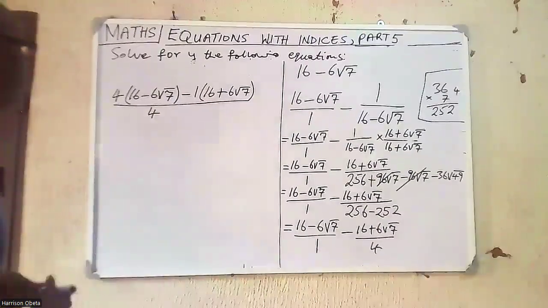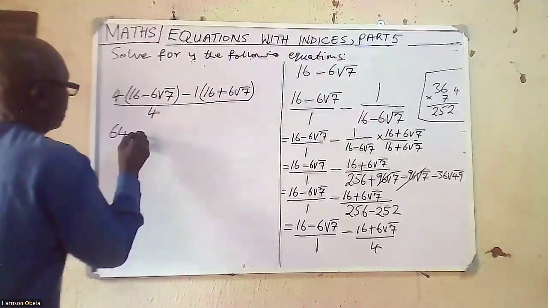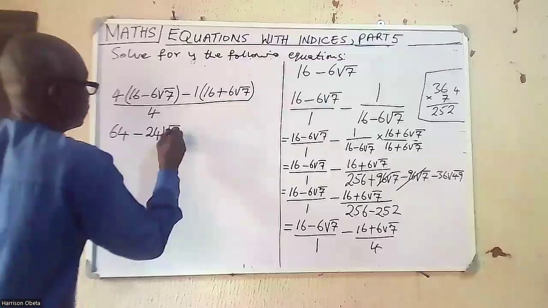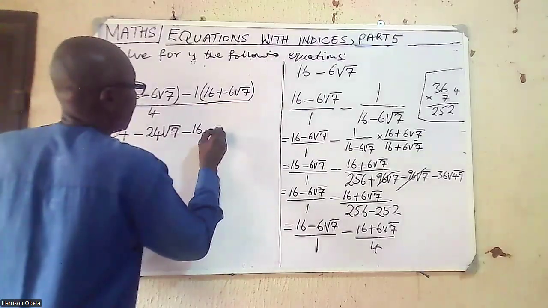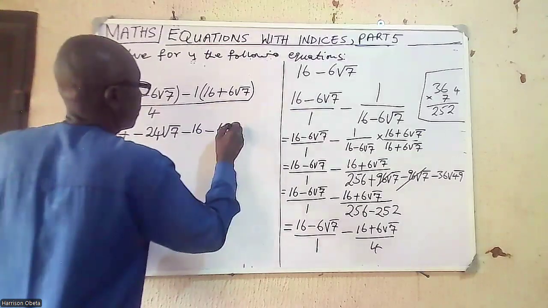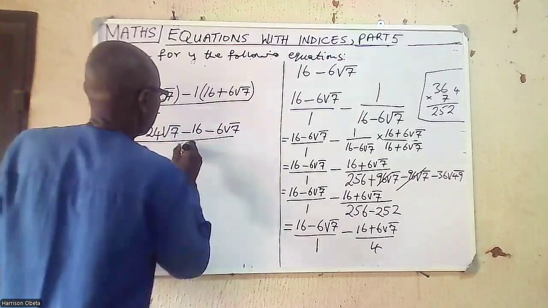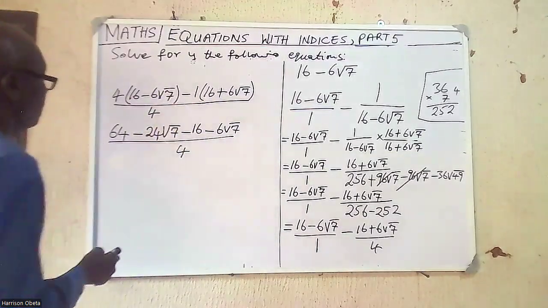Okay, in continuation, we simplify further, and we have 64 minus 24 root 7 minus (16 plus 6 root 7) all over 4. If you remove the bracket, this will affect this.